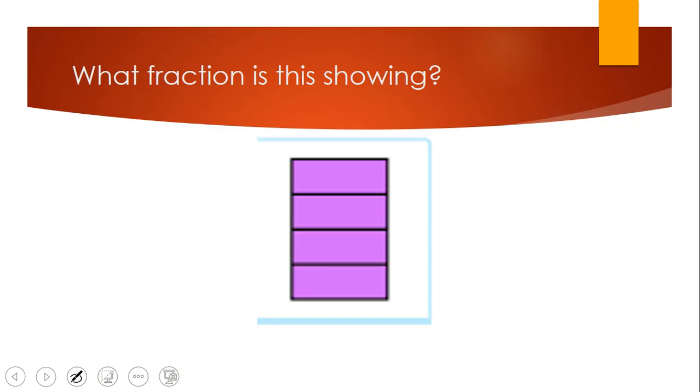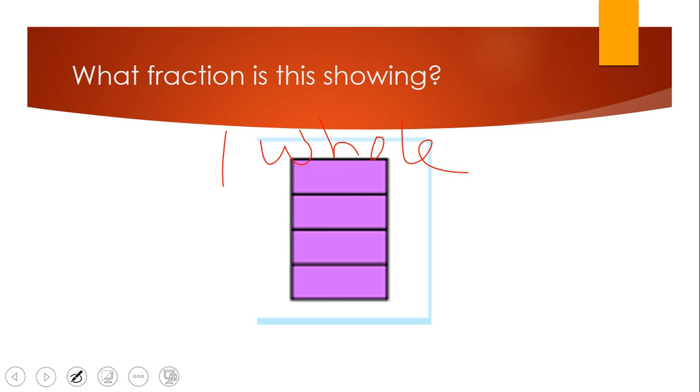Now, some of you outsmarted me and you wrote that this was 1 whole, which you're correct, it is. But what you need to know for the Kahoot quiz, wink wink, is that if you see something like this, you need to write it as a fraction.